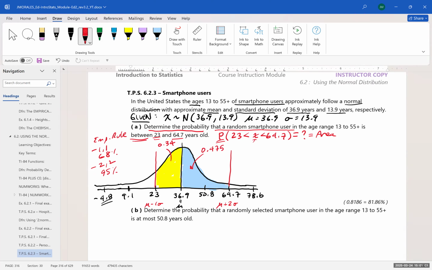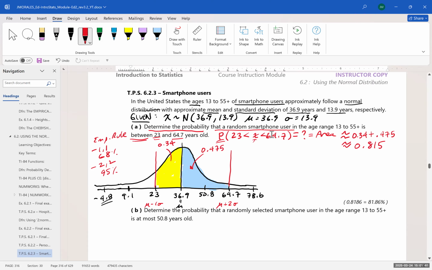That's this area. So I'm going to expect that this probability is going to be somewhere close to 0.34 plus 0.475, so it should be close to 0.815. Should be close to that.